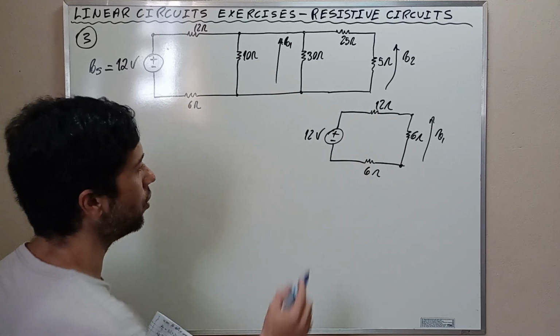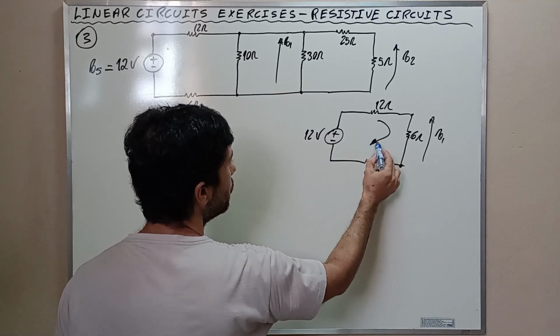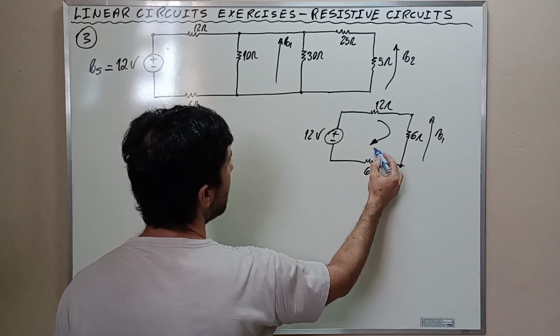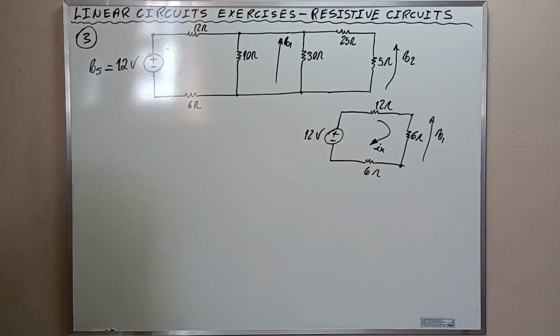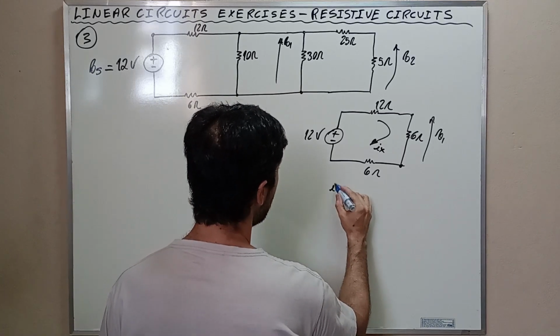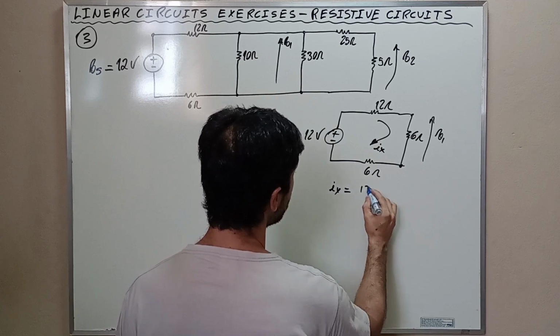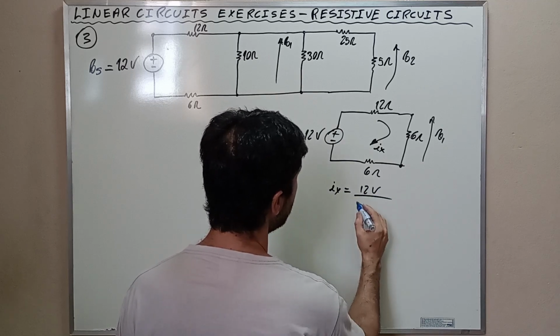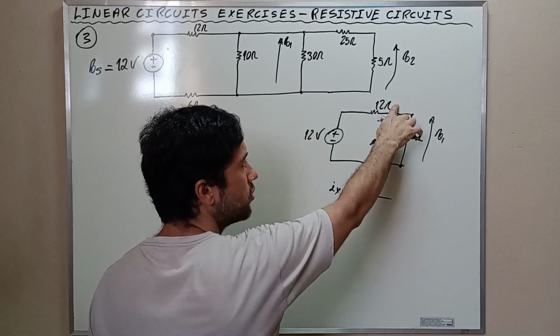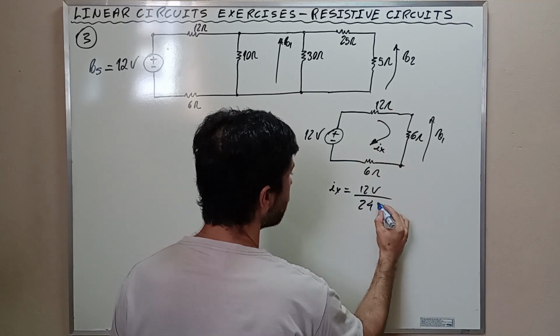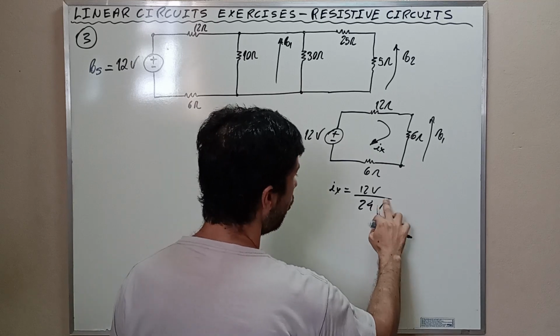And we can calculate using a current. I'm going to call it Ix here, just to help us calculate. Ix is equal to 12 volts divided by 6 plus 6, 12, plus 12, 24 ohms.